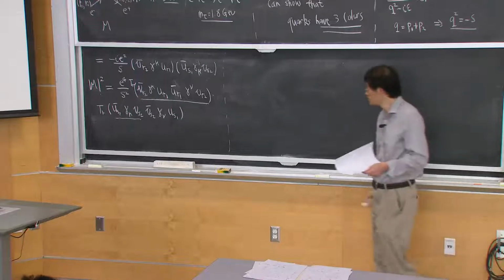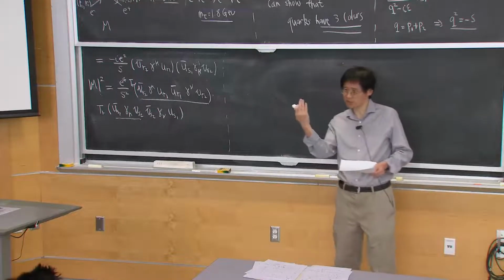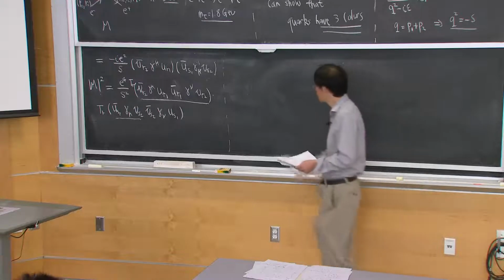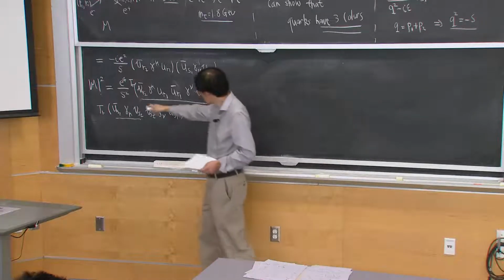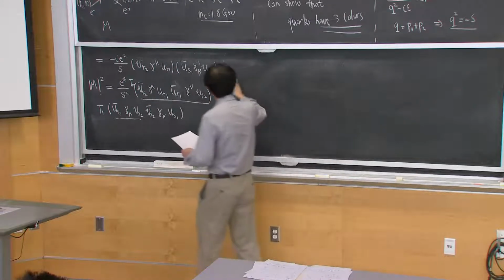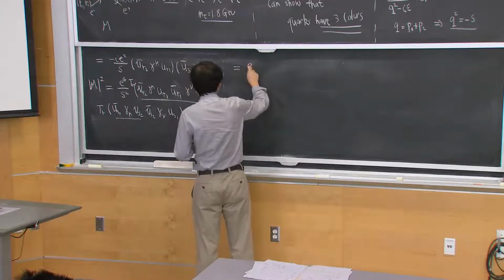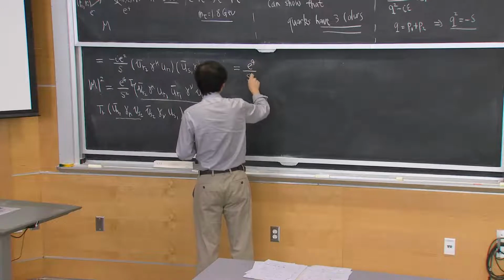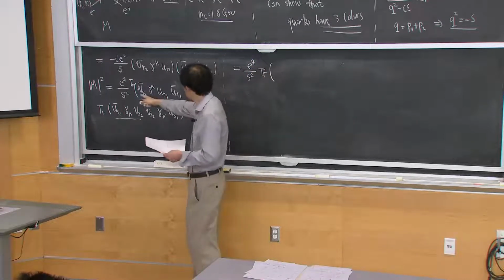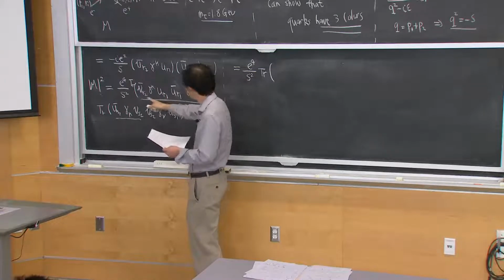And now you remember the trace has this cyclic property, so I can actually move this to there. So now I can write it as equal to 4 s squared. I can just move this to there, so that the two R2 come together.